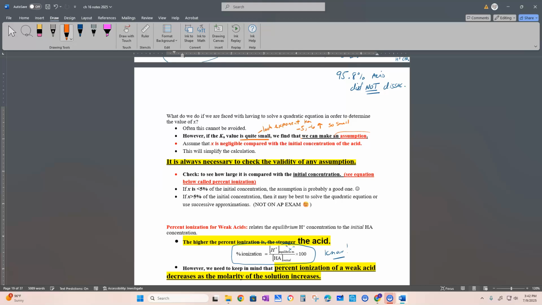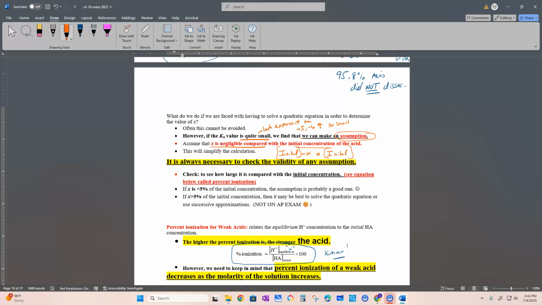We can make an assumption. We can assume that x is so small compared to the acid that x, when I subtract, isn't going to matter. So what I mean by that, when I take my initial concentration minus x, I'm still going to get my initial concentration.